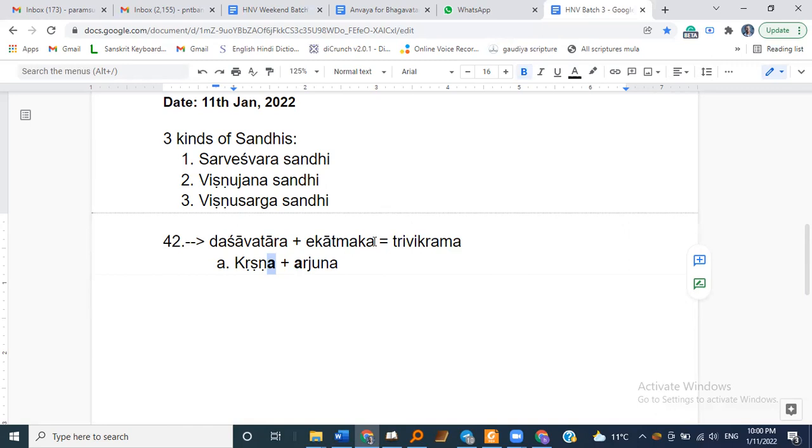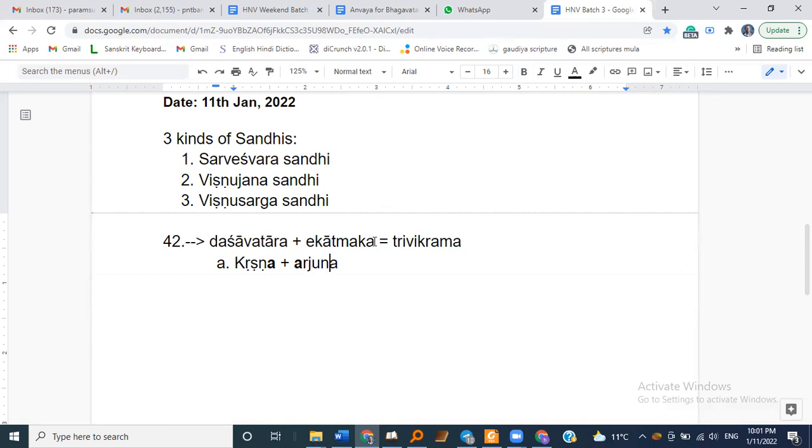Yes, it is. And then is the following A an ekatmaka of the first Dashavatara? Yes. We have studied ekatmaka.